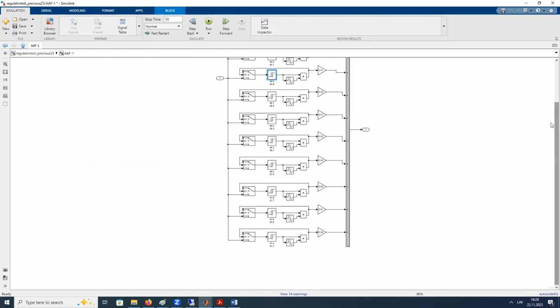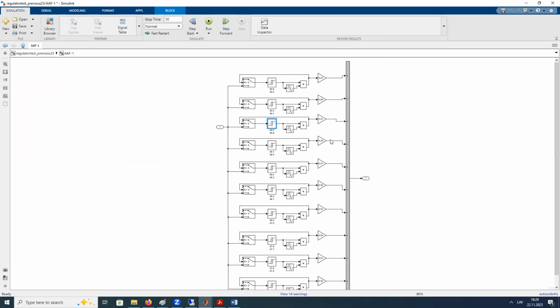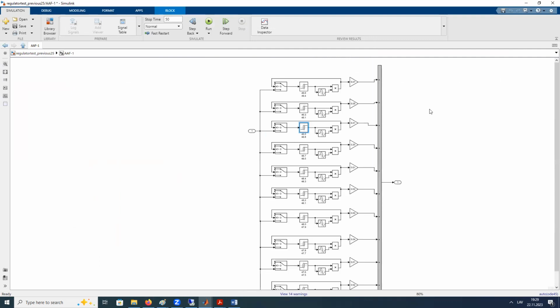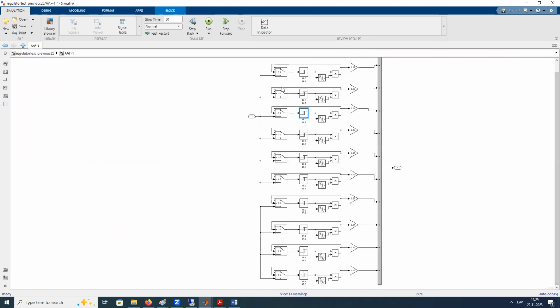So your task will be to play with this scheme and try to find the best set points for each stage. Here we got 1, 2, 3, 4, 5, 6, 7, 8, 9, 10 stages for this under frequency automation.